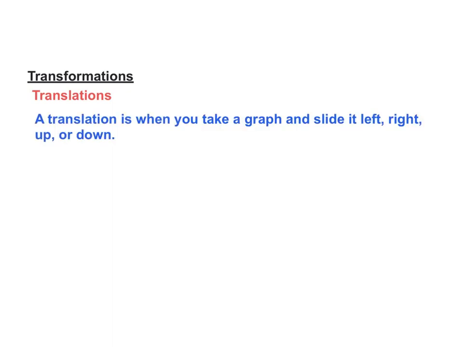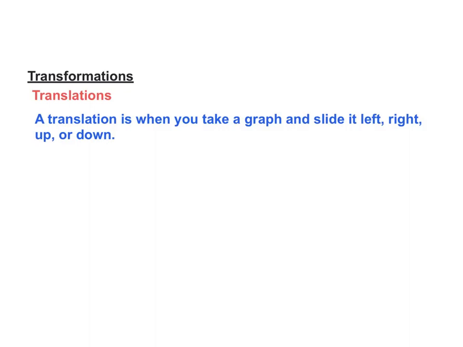A translation is when you take the graph and you slide it. You reposition it. So it can be moved left, right, up, down, or any combination of those. Or one of each. Obviously you can't move left and right. It either moves left or right, and it can also move up or down.